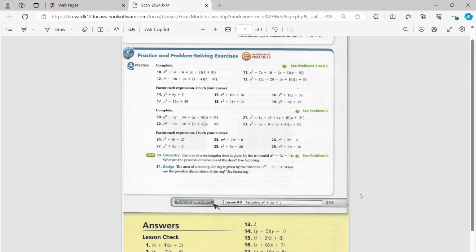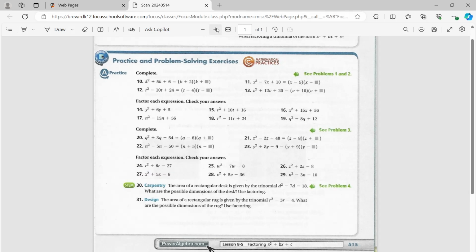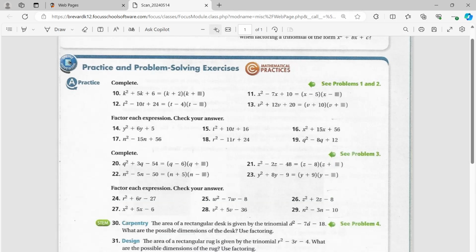So for your practice for today, hopefully you'll use the answers after you've done the work.